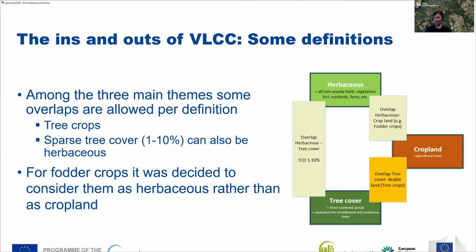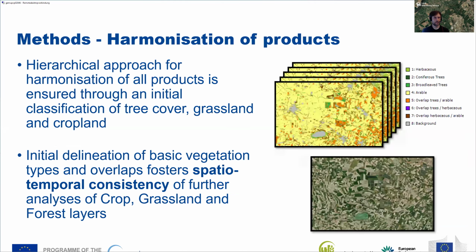And then the last allowed overlap would be between the herbaceous group and the cropland, for example the fodder crops. During the production process, it was decided to consider these in the herbaceous group rather than as cropland. As mentioned before, all these VLCC products are harmonized.